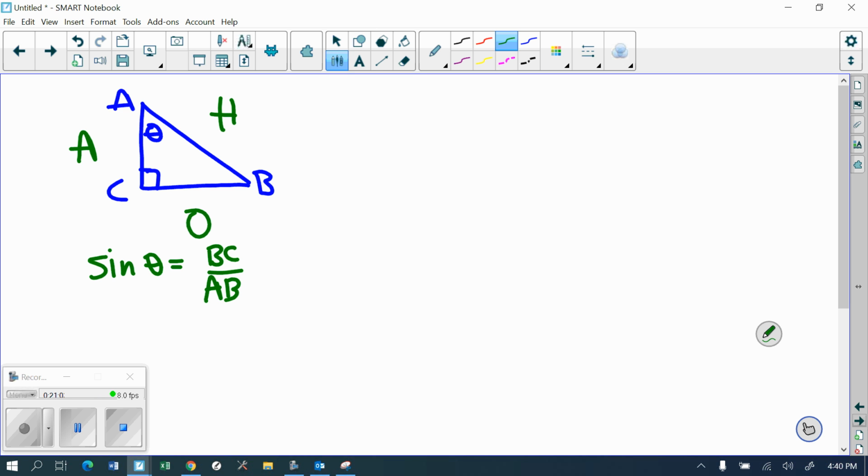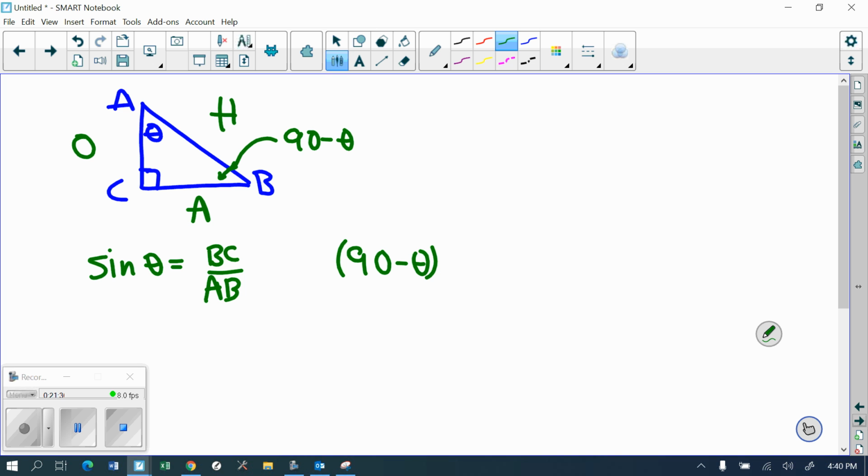Well, if I use this angle right here, first off, what is that angle going to be? Since these two are complementary, that has to be 90 minus theta. Now if I use that as my angle, then this one becomes the adjacent, and this one becomes the opposite.